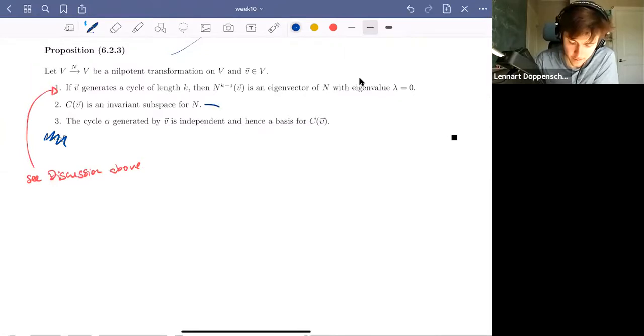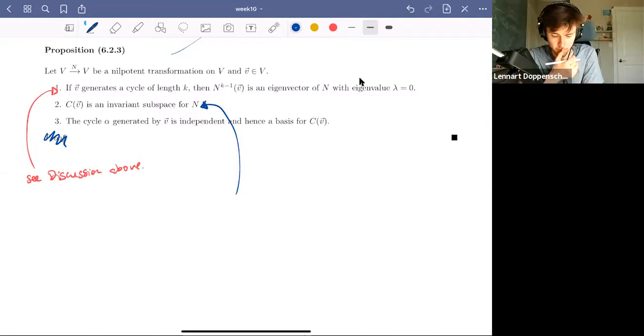Another thing that this proposition is claiming is that the subspace generated by a cycle will always be invariant for N. You can think about this as an exercise. And then this cycle alpha, this is the most interesting part, number 3.